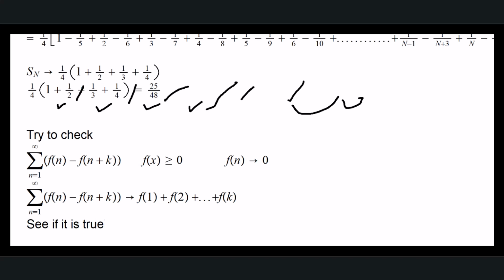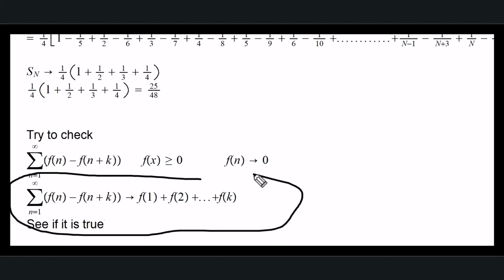That will make the above job much shorter. Sorry, I forgot to erase this here. Okay, all right, so this will be a shortcut to find the limit if it is true, and I'm leaving it for you to check.